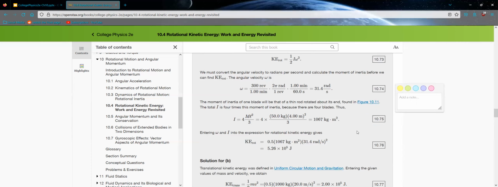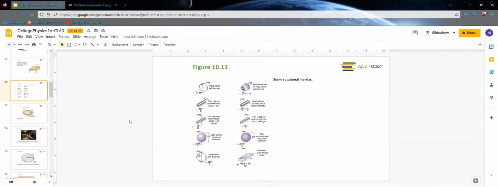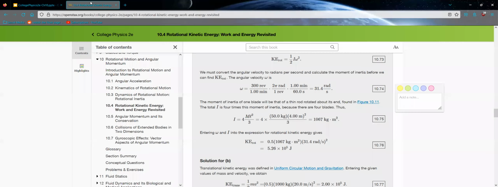Inertia, likewise, is found by following the formula. We know the inertia of each thin rod because we can look at our graphic to refresh your memory. We can find a thin rod rotating around the end of its axis. That would be this 6th one down here. That equation is mass times length squared divided by 3, and then we have 4 of those, so you multiply that number by 4 to get the total inertia of the entire object.